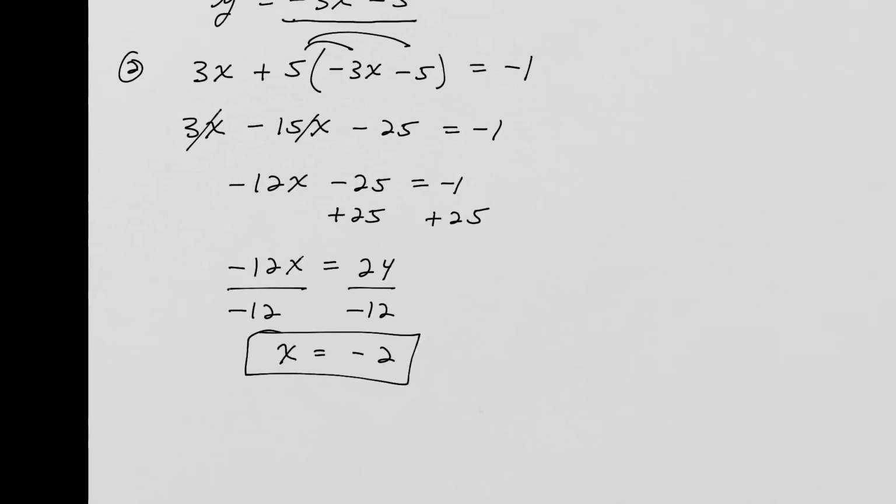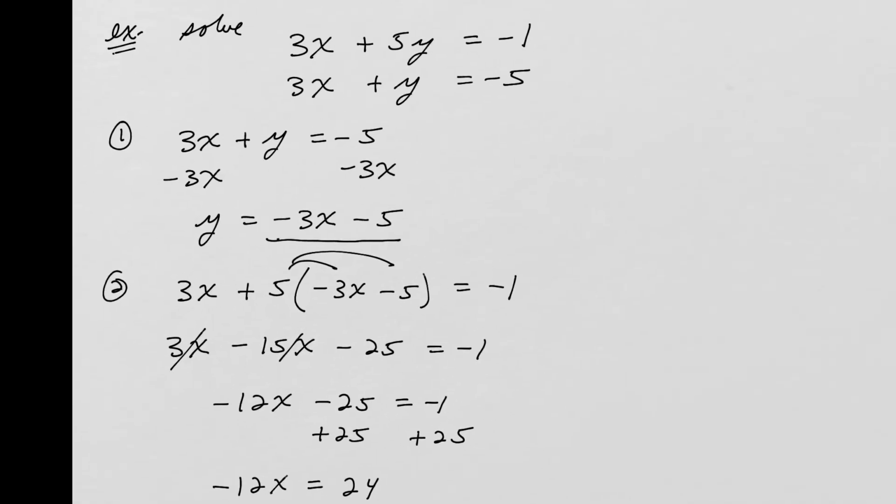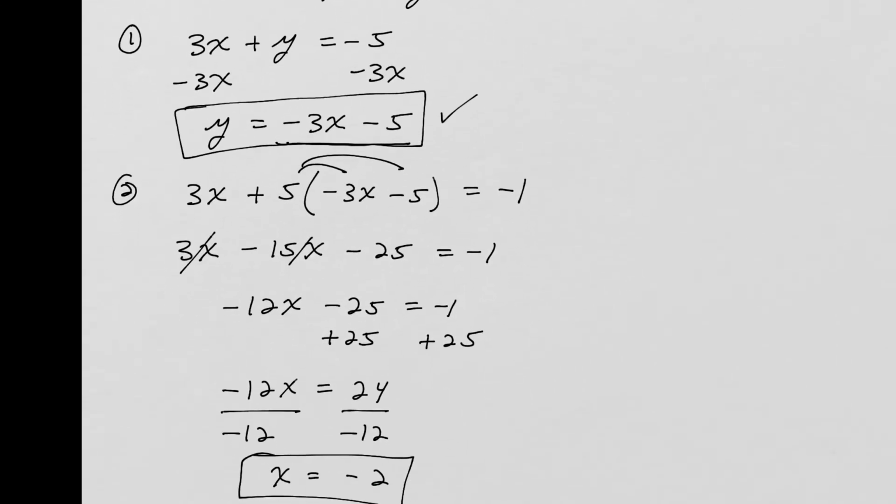Actually, if you go back here, we can use either of these equations. I can plug my x into this one, or I can even plug it into this one, the one I manipulated. And that might be the easiest to plug into because it already is solved for y. So I have to plug it into one of those and solve it for y. Okay, so I'm just going to use that third one. That's the easiest one to plug into.